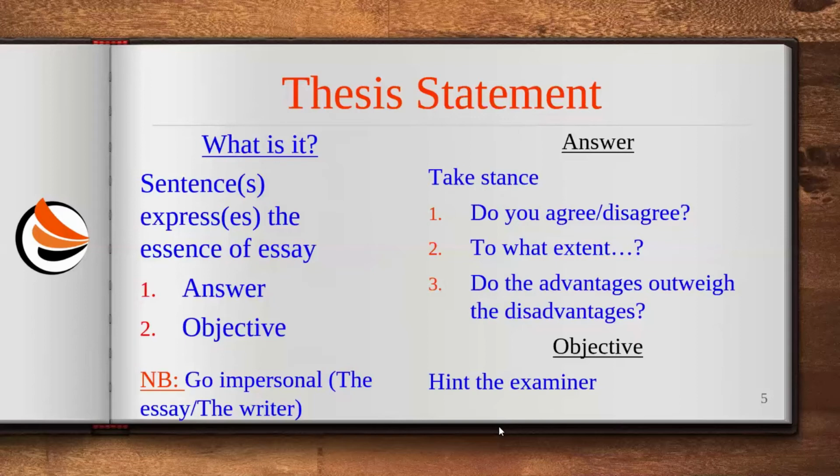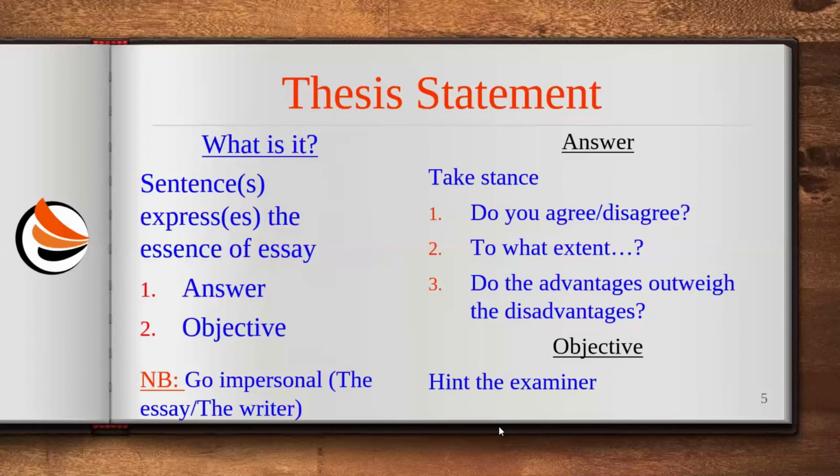And of course, we know that the Task 2 essay you're supposed to write is an academic essay. This means that you have to go impersonal, because one of the features of academic essays is that the focus is not on the writer, but on the opinion that is being projected.